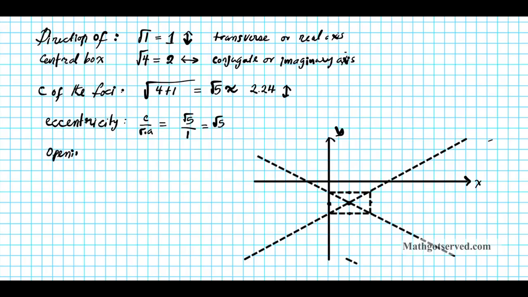In what direction does a hyperbola open? It opens in the direction of the transverse or real axis. In this case, it's up and down. So the opening is up and down. We're going to have a hyperbola opening upwards and downwards right there. Okay, so let's draw our graph. Draw it as best as you can.